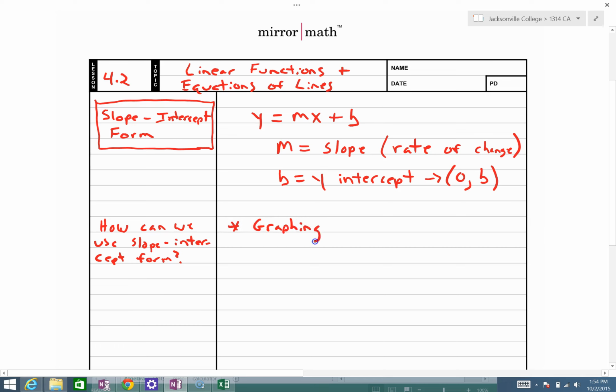Graphing. When we're graphing, there will be two steps. Step 1, plot the y-intercept.